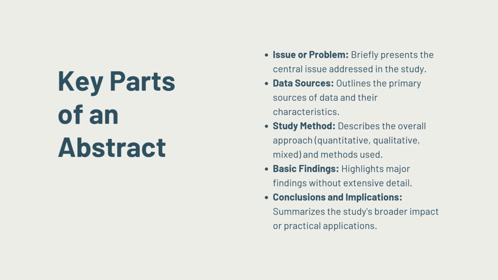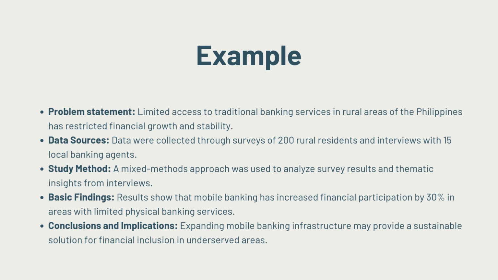For example, major results could be that farmers using organic methods reported a 15% higher yield. Once you're done stating the basic findings, you can now move on to the conclusions and implications. And this is where you present how the findings could influence policy or business practices in agriculture, for example.